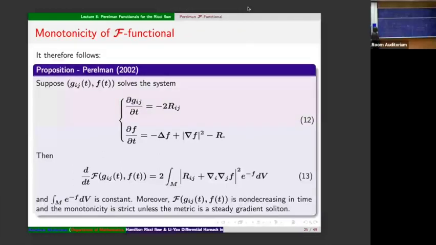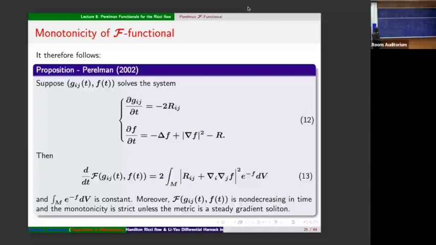Okay. So we can now find the monotonicity of that energy function. The monotonicity of that energy function, just like the monotonicity of the Dirichlet energy that we saw under the heat equation. We said it is monotone, and if it's stationary, the stationary points are harmonic functions. In this case, this f defined under this Ricci flow equation coupled with the backward heat equation, that energy function now evolves like this.